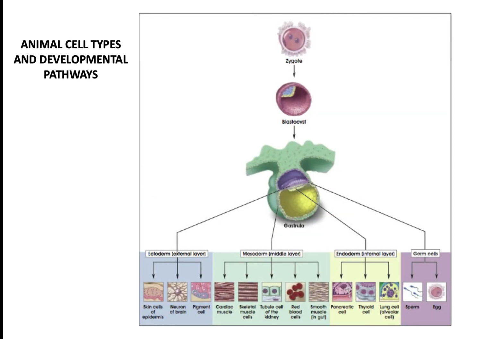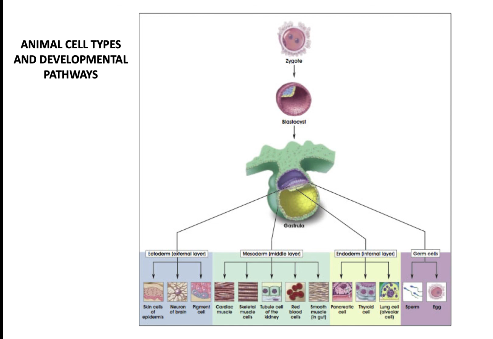As far as where these different cell types come from, skin cells, as well as neuronal cells and some pigmented cells, arise from the ectoderm, whereas for the endoderm, these are primarily pancreatic cells, thyroid cells, lung cell progenitors.